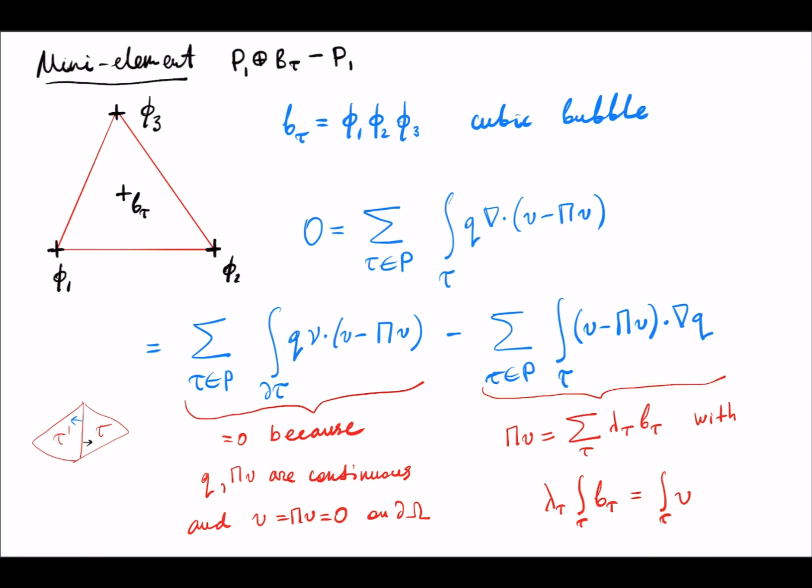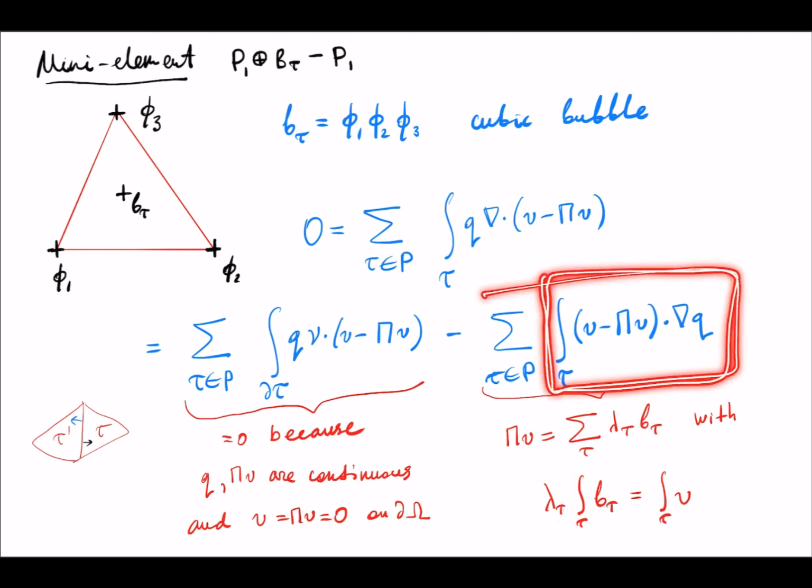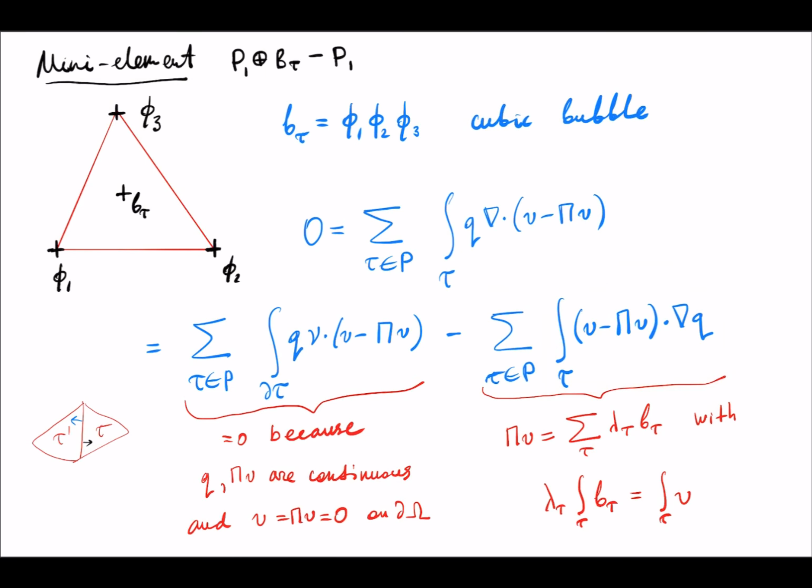In order to make it zero, similarly to before, we define this Fortin projector before as a linear combination of bubble functions on the edges, but in this case, it is a linear combination of the bubble functions on the triangles. It's simply computing these coefficients lambda so that this integral is zero on each triangle, and we can ensure stability. The stability proof is very similar to the edge bubble case.